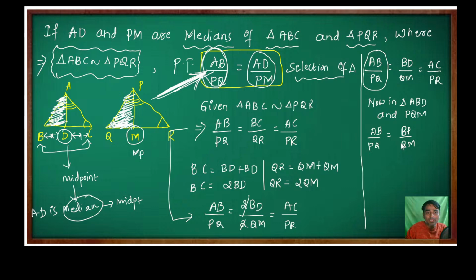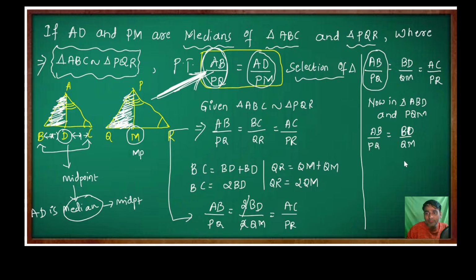AB by PQ, then BD by QM, which is AD by PM. BP, where is it? B is here, P is here. BD by QM only. Let's write this as BD by QM. This is BD by QM, not BP by QM.